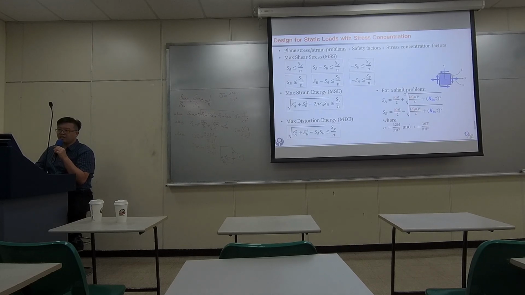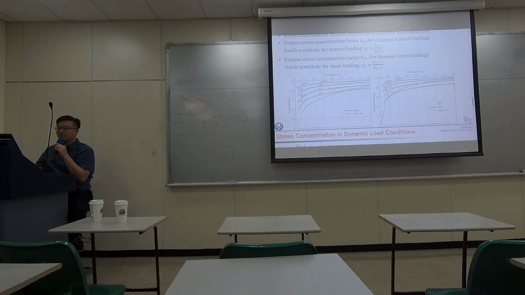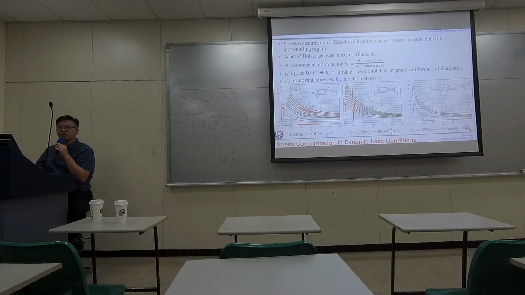Sigma is a normal stress, so you multiply KT. Tau is shearing stress, so you multiply KTS. You can get those values from the table I just showed you, like right here. You just figure out what kind of problem you're dealing with. If we are dealing with the bending problem that we have done several times, then you are checking the second table.